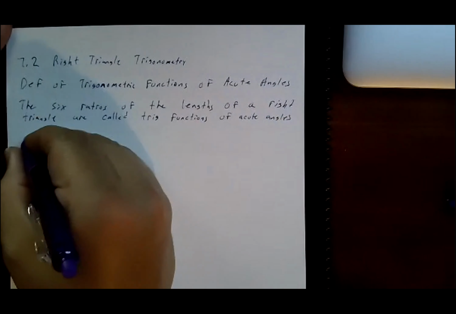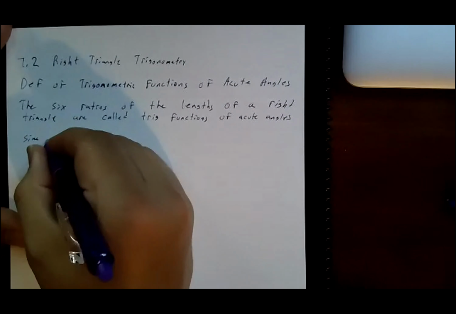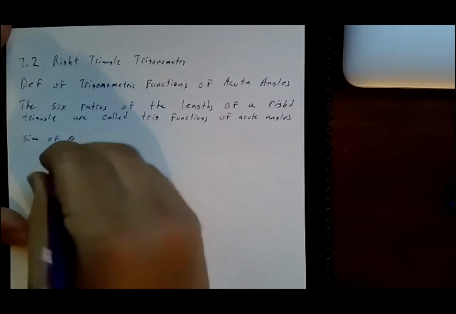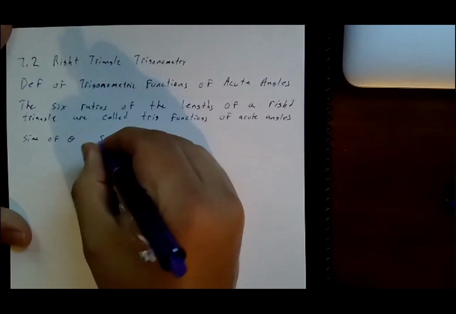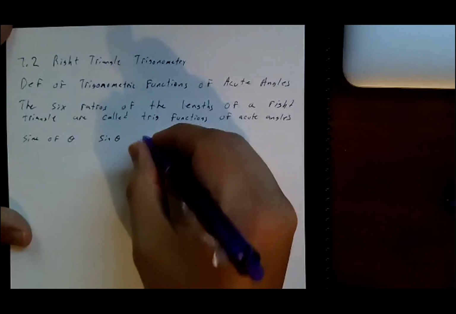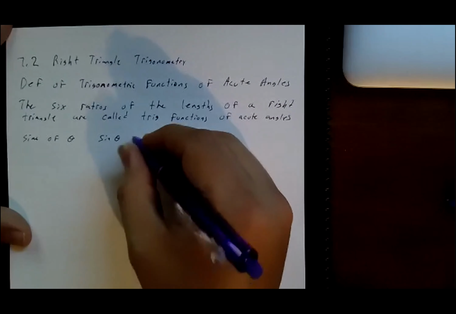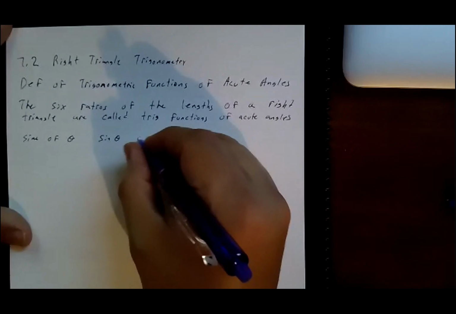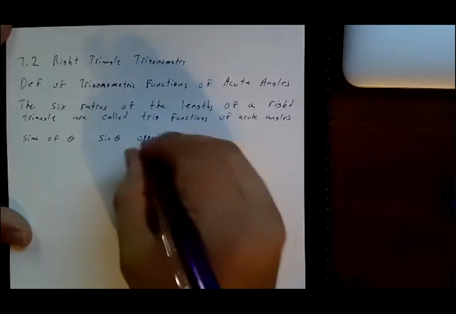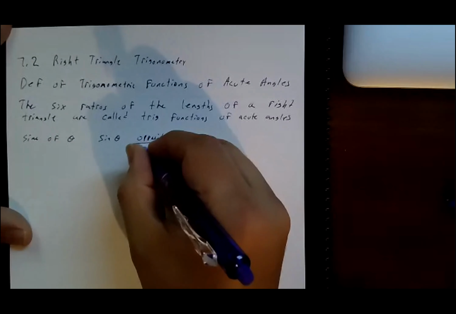Sine of an angle theta is written as sine theta, which will be opposite over hypotenuse.